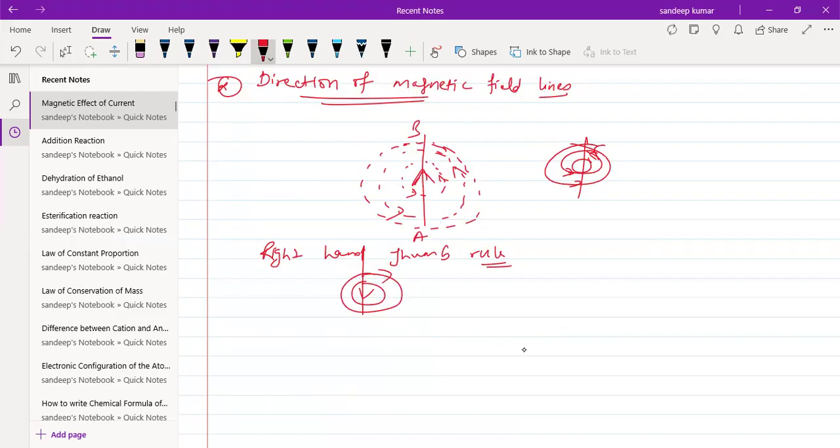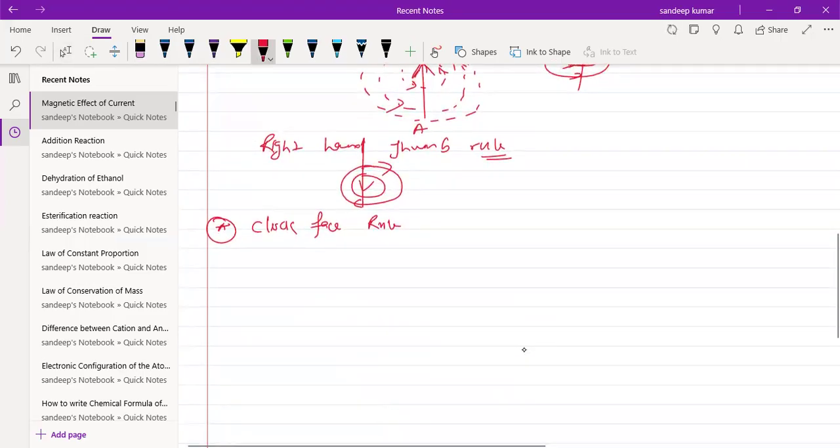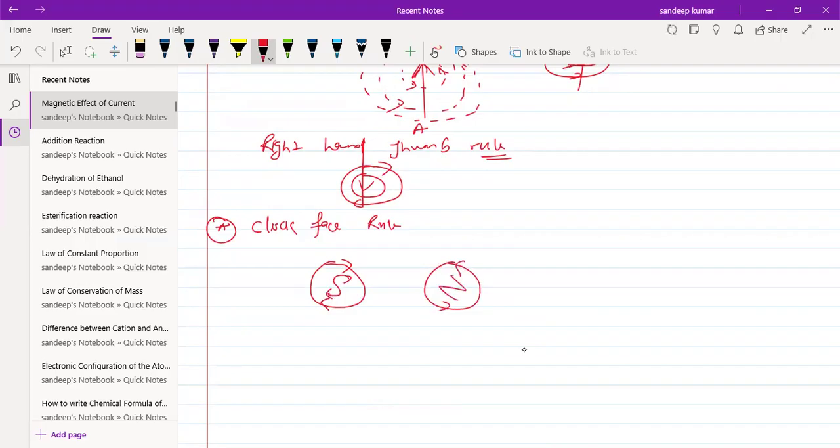One more rule is there, children: the clock face rule. That is also very, very important.